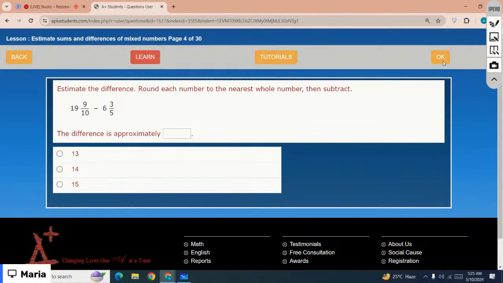So 20 minus 7 is, the correct option is 13.